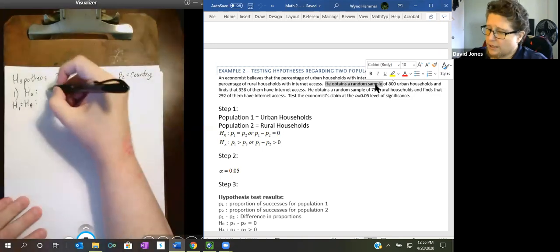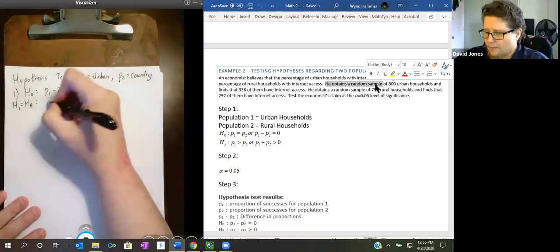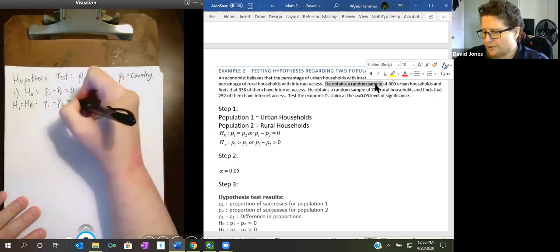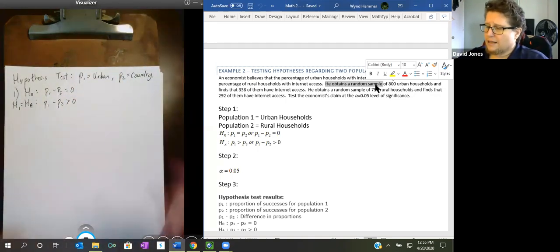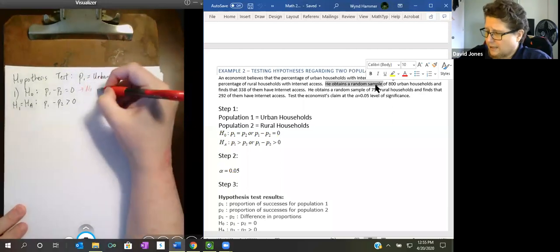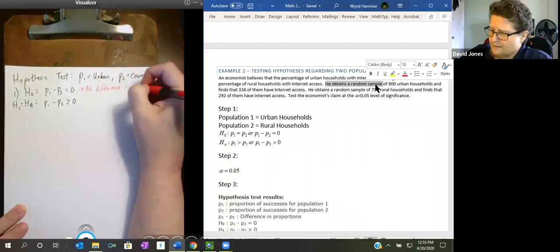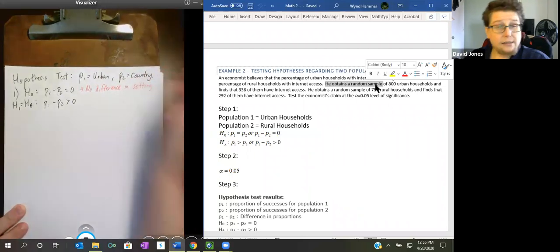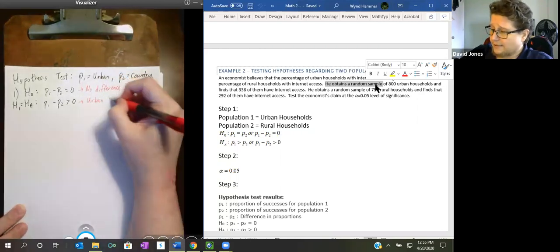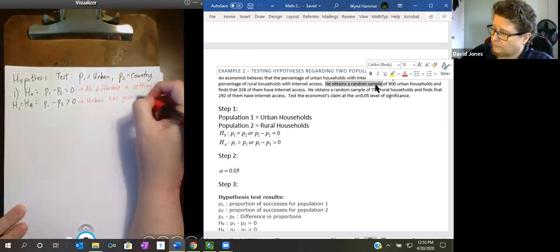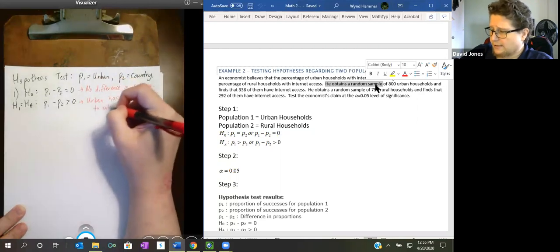Here we're going to go with P1 minus P2 equals 0, and P1 minus P2 is greater than 0. This says there's no difference in setting, whether you're urban or country, and this says urban has greater access to internet than country.